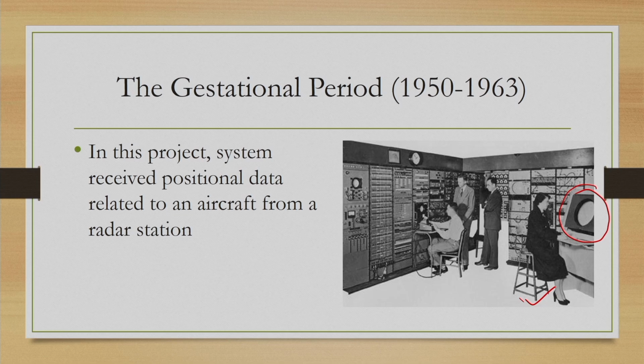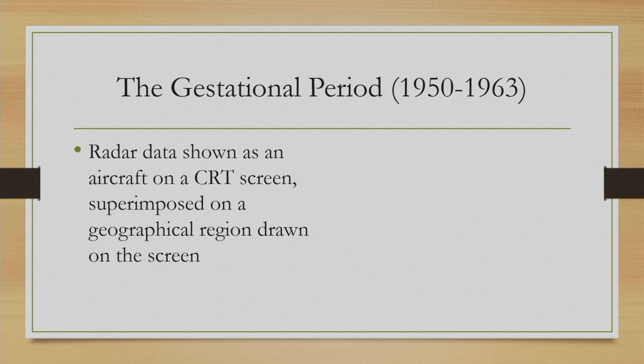And on this screen, aircraft are shown, and on the aircraft other data, the data received from the radar, was superimposed. So, essentially what we have is that on the screen a geographical region is shown, and on that region aircraft information is shown.